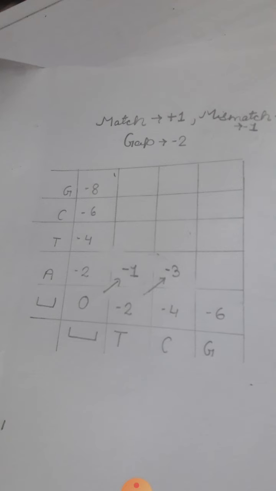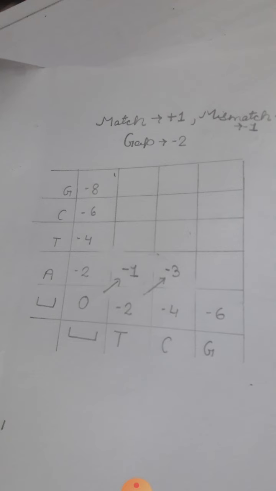So the beside value is -3 and the gap value is -2, so the value can be -5 if it comes from the beside box. If it comes from the bottom box, the bottom box has a value of -6 plus the gap value -2, so it is -8. Now if it comes from the diagonal box, it has a value of -4.